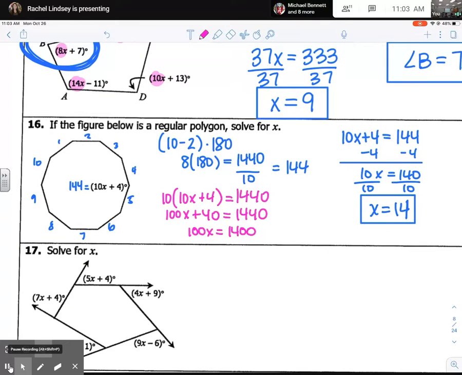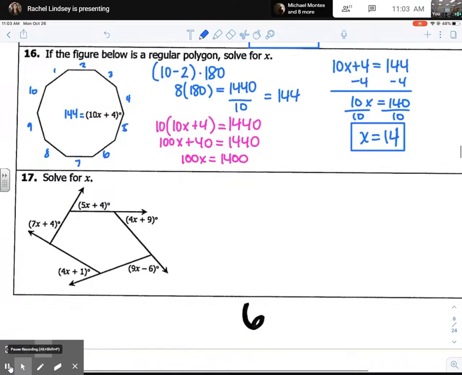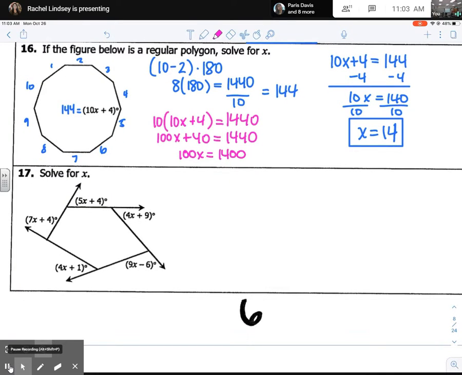On number 17, those are exterior angles. All exterior angles of any polygon add to equal what? 360. So I'm going to add them all up. So 7x plus 5x, 4x, 9x, and 4x. So 7 plus 5 is 12, 12 plus 4 is 16, 16 plus 9 is 25, and 25 plus 4 is 29.